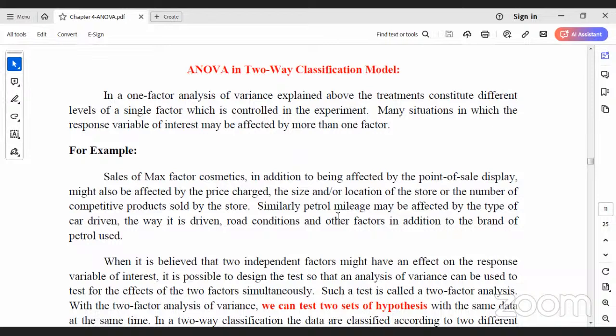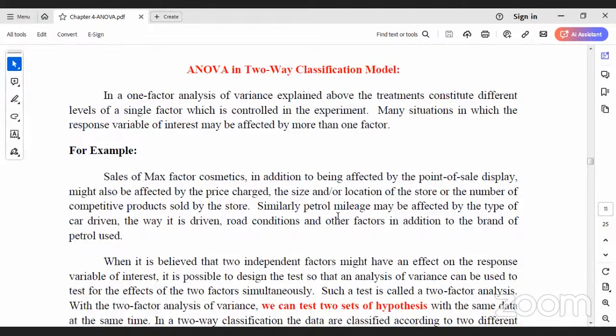In one-factor analysis of variance, explained above, the treatments constitute different levels of a single factor, which is controlled in the experiment. Many situations exist in which the response variable of interest may be affected by more than one factor.